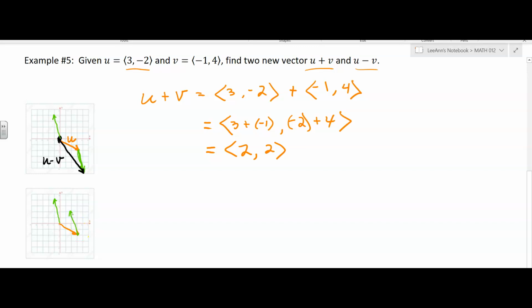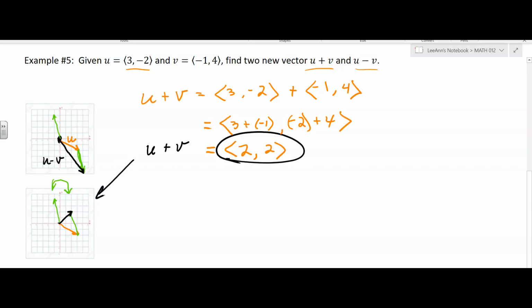I wish I could just pick it up for you and show you. But here's the vector in standard position, and then we picked it up and moved it so that the tip and tail match. That gives you the resultant right here, and that is <2, 2>. So that's U plus V, and it matches that.